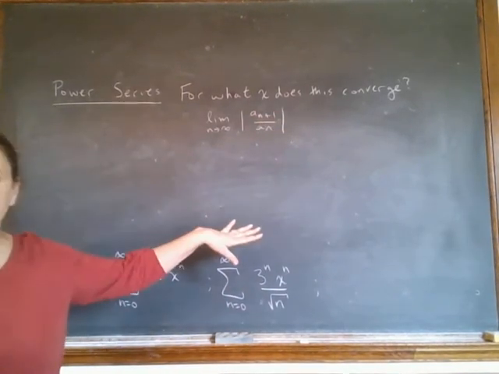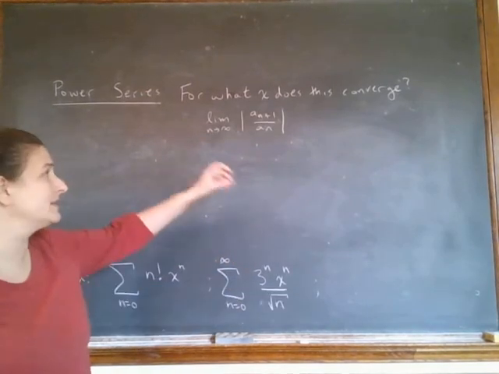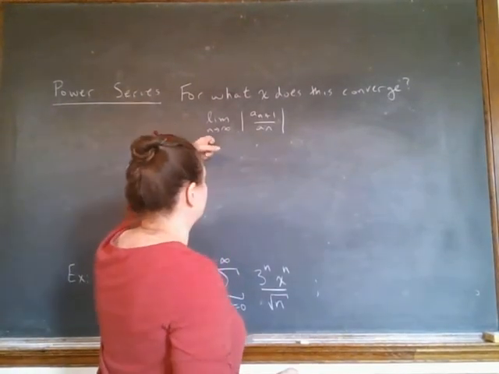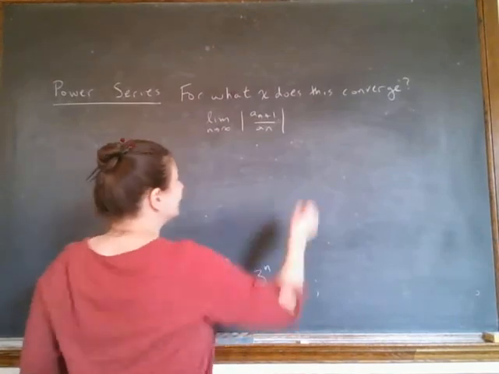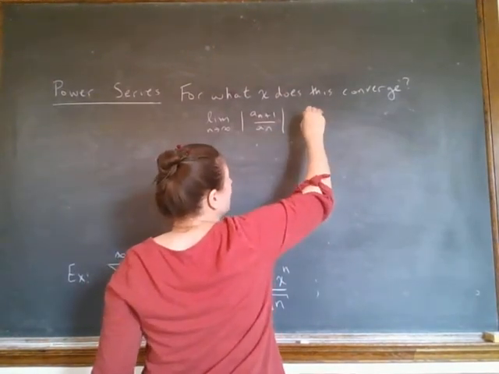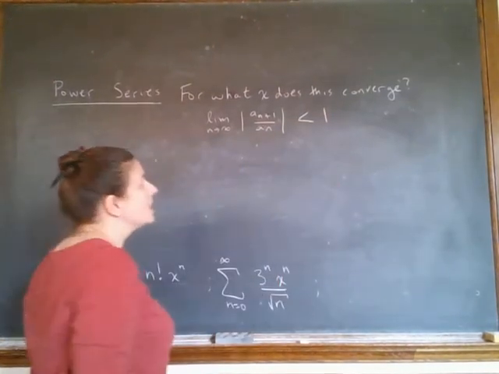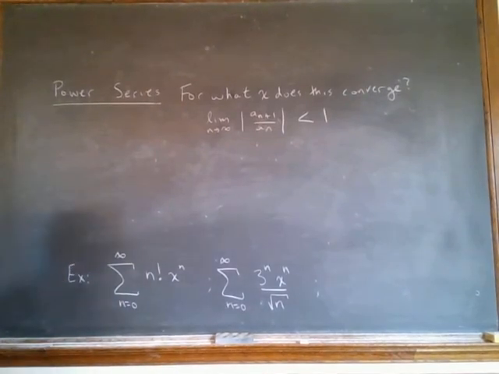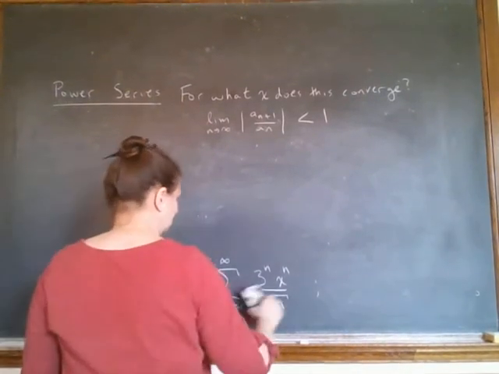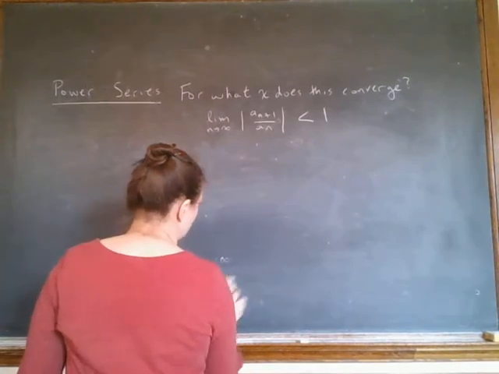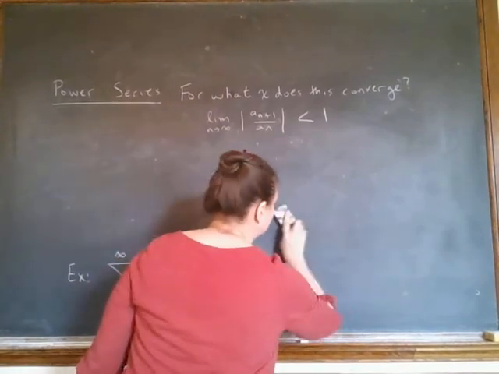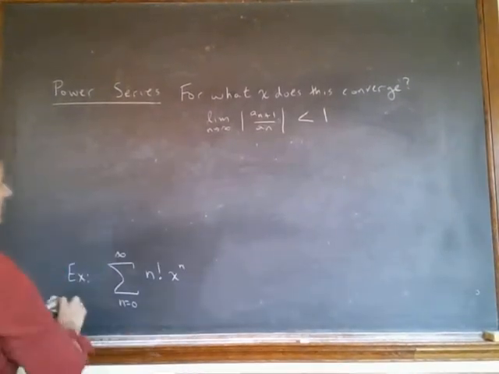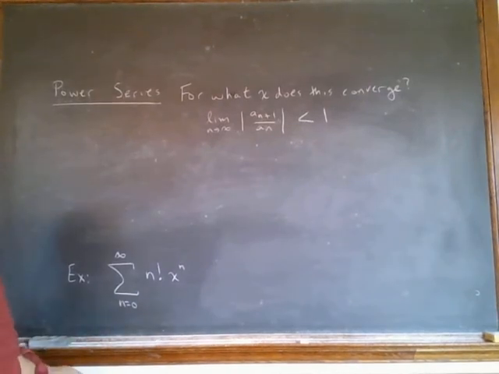That's going to have some x's in it when we do the limit, because x will just be going along for the ride as n goes to infinity. We need some expression here, and I'm going to make sure that it's less than 1. But this might not always work very well. My first example is an example where it doesn't work real well.